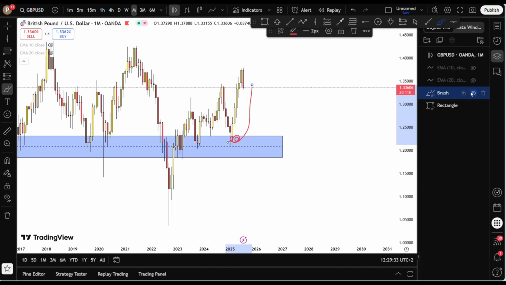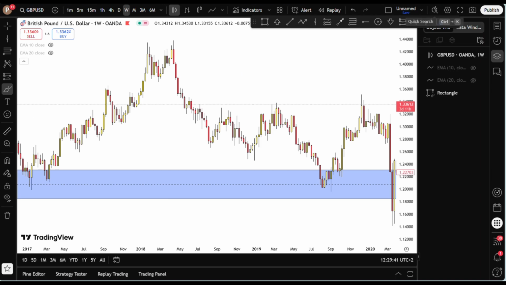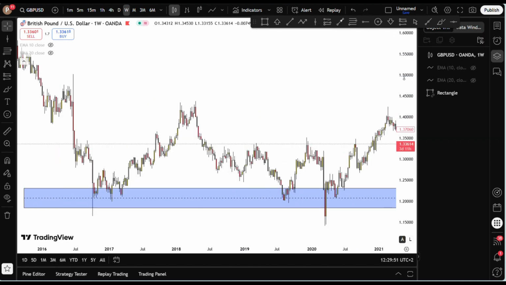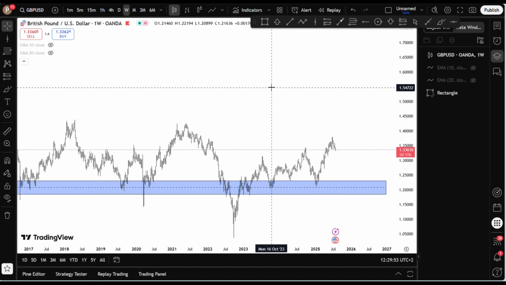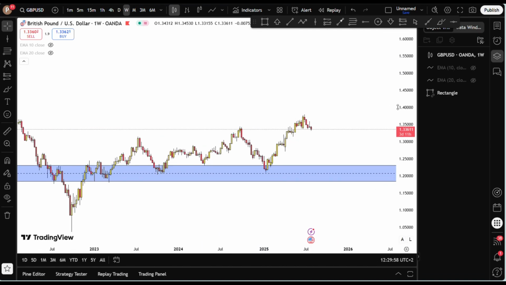Now let's go on the weekly time frame. First of all, the monthly, weekly, and daily time frames are for direction and not for entry, by the way. Just putting that out there. Here on the weekly time frame, what do we notice?